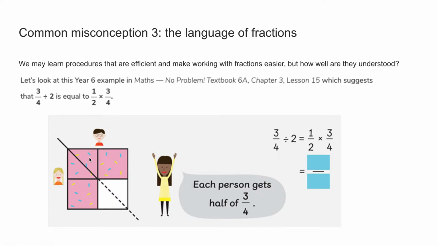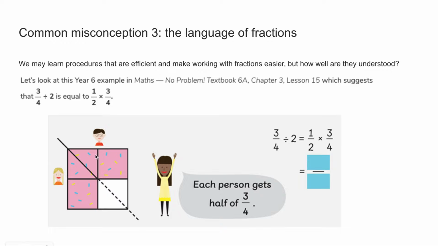Now we have to count these pieces. Now we just counted this part as 1/2 of 1/4. What's 1/2 of 1/4? That's 1/8. How many 1/8 are there for this person? Well, this square is double that, so two of these triangles make this square.